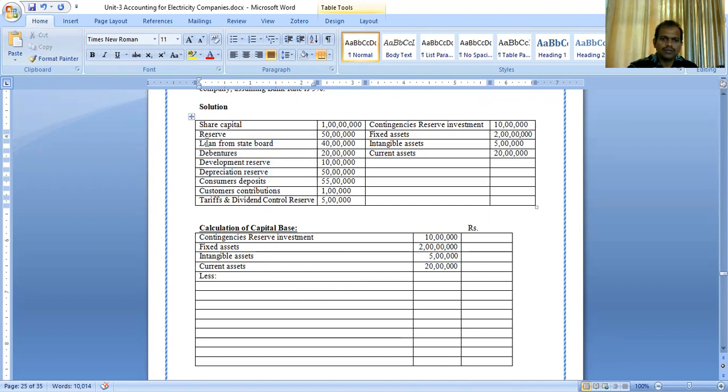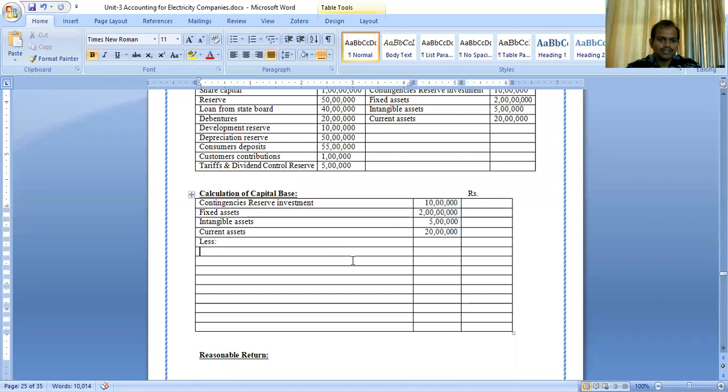In the sense, loan from state board, debentures 20 lakhs, development reserve, depreciation reserve, consumers deposits, customer contribution, tariffs and dividend control reserve, but not the general reserve mentioned above. General reserve and share capital, we should not consider.